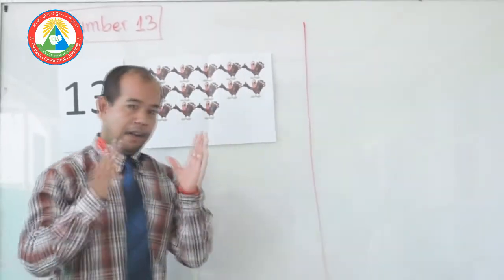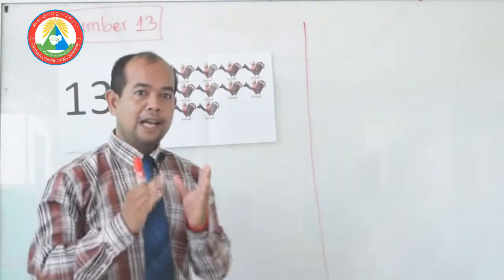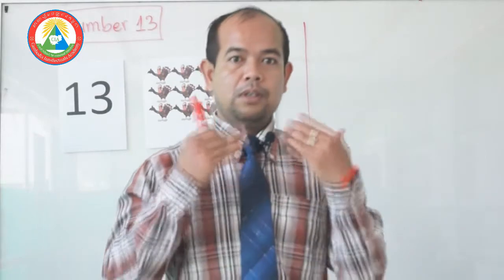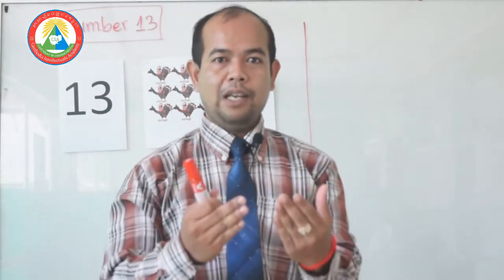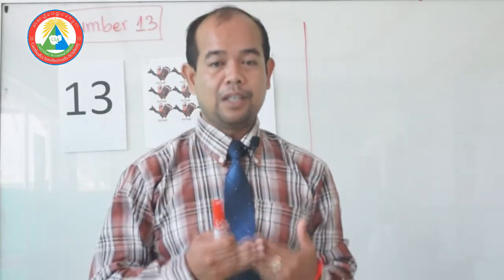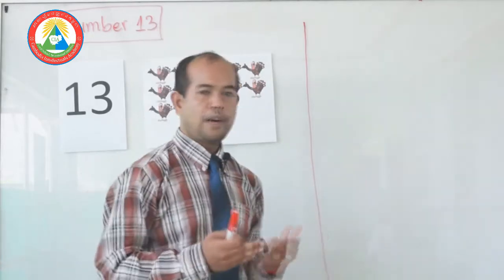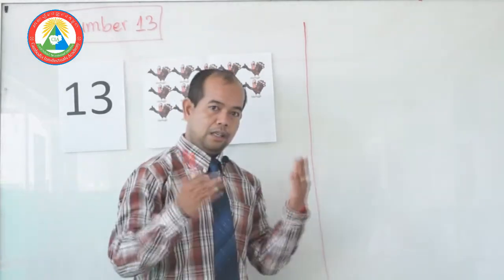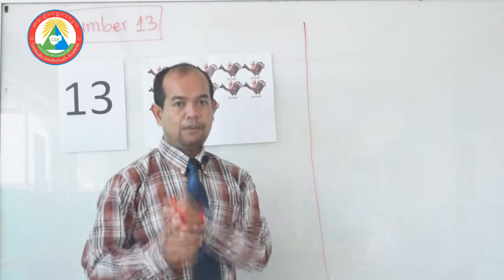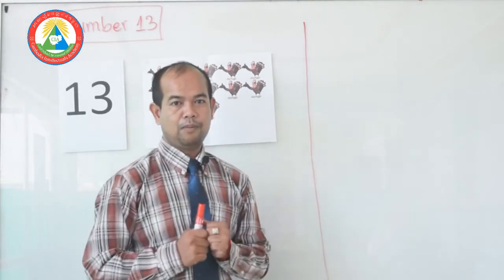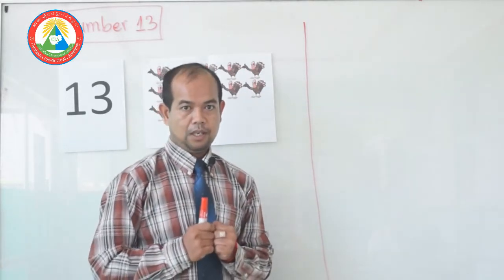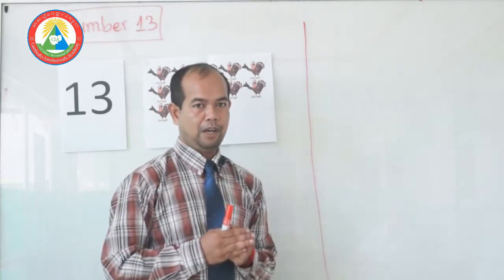So the way that all of you need to know to write number 13 is not very hard. We just begin with the number 1. We just begin writing number 1 in advance. And the next number 3.